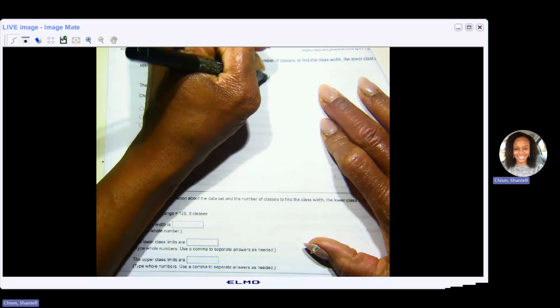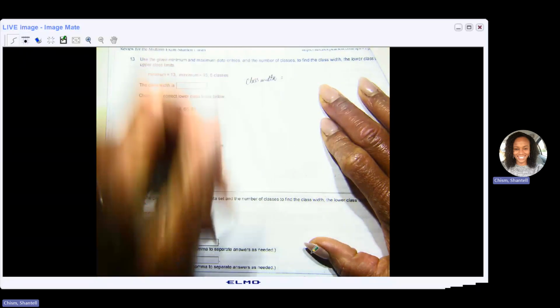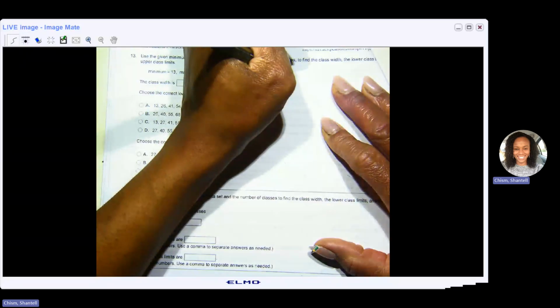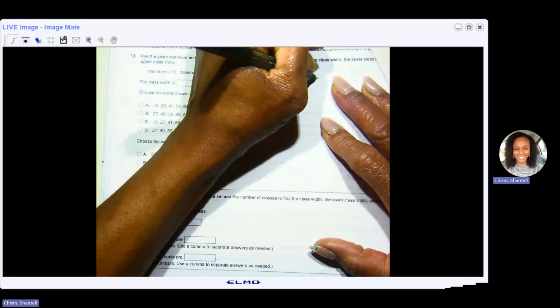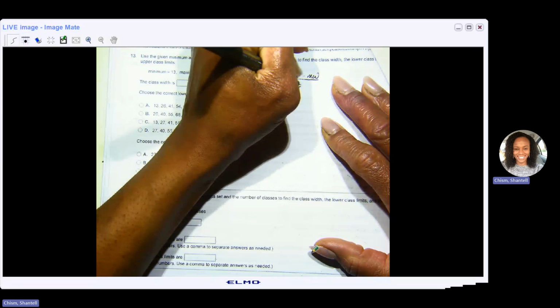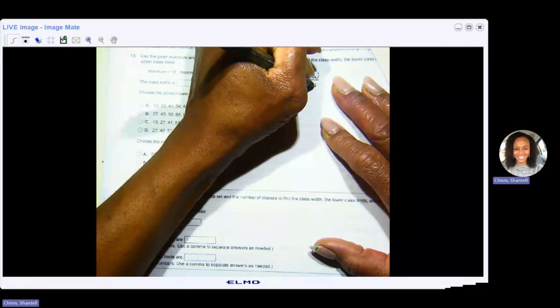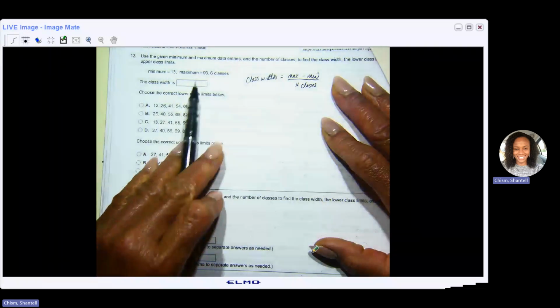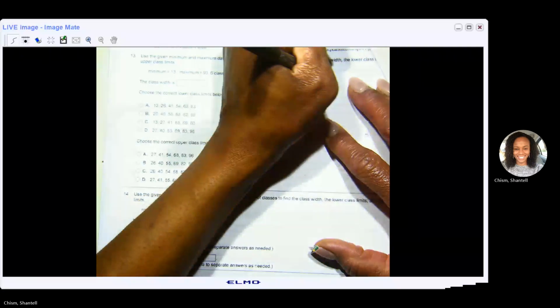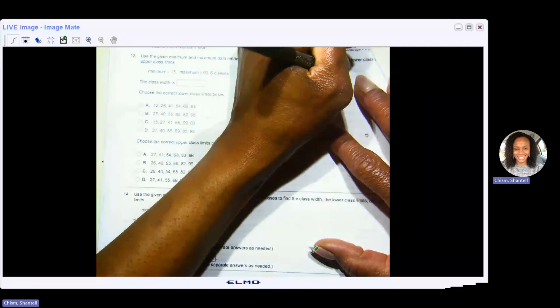And remember, you always round the class width up. It is the max minus the min divided by the number of classes that you're told to use. And in this case, we have a max of 93, a min of 13, and we're told to use 6 classes.